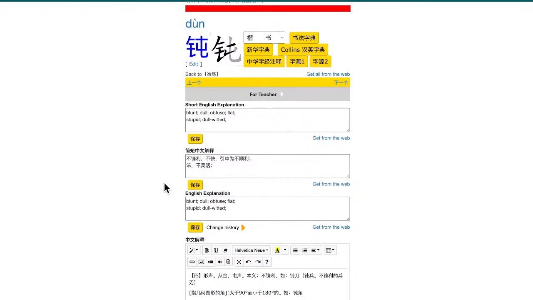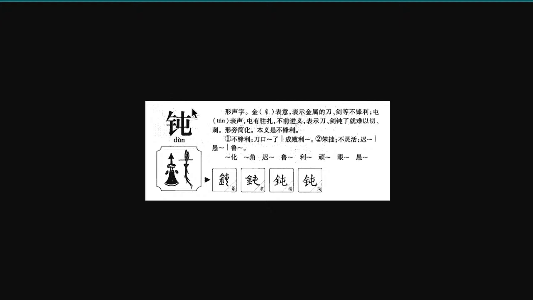It's called 钝, 愚钝. Let's take a look at the character. The right-hand side is 屯. This character has the meaning of station, just stationed somewhere, not moving, not going anywhere. So they use that character to mean this knife is dull and no longer able to cut things; when you cut, it's not going to move anything. So this is 钝.